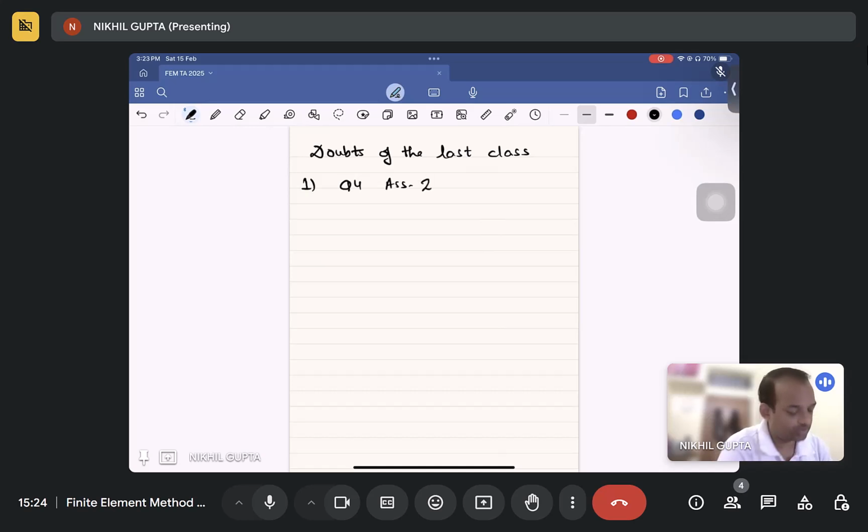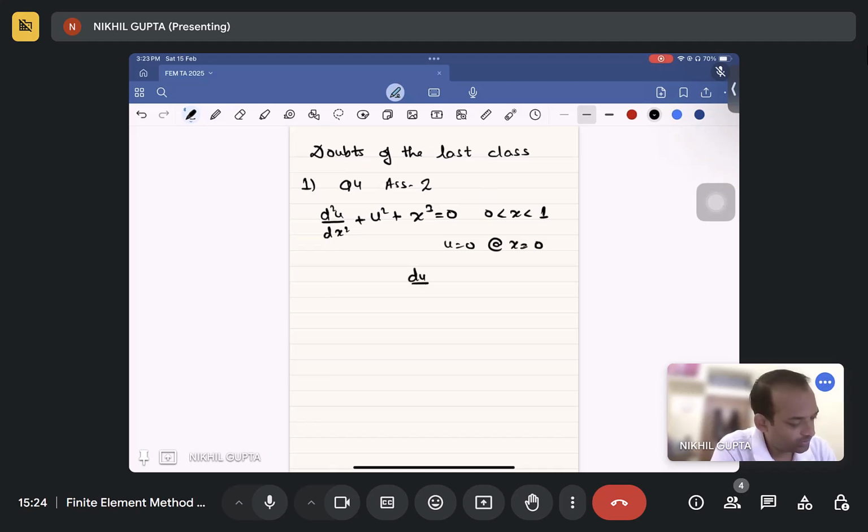Where it was given as d2u by dx square plus u square plus x cube equals 0, and u was 0 at x is equal to 0, and du by dx is equal to 1 at x is equal to 1. So we have to find the weak form equation.